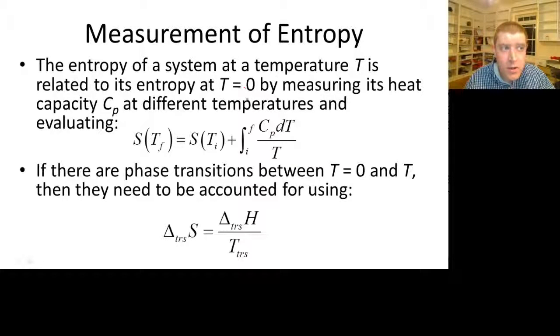So now, if we're talking about absolute 0, now our assumption that we can pull Cp, the constant pressure heat capacity, out of the integral is starting to break down, because the constant pressure heat capacity is significantly more likely to change as we get close to absolute 0. So if there are phase transitions between absolute 0 and T, the temperature we're looking at, which becomes more and more likely the farther we get away from absolute 0, then we need to account for them using our entropy change for that phase transition that we've derived earlier.